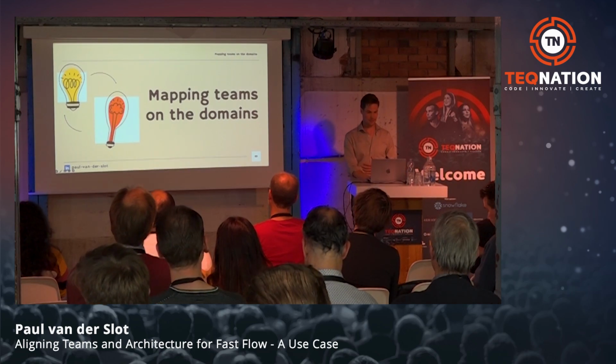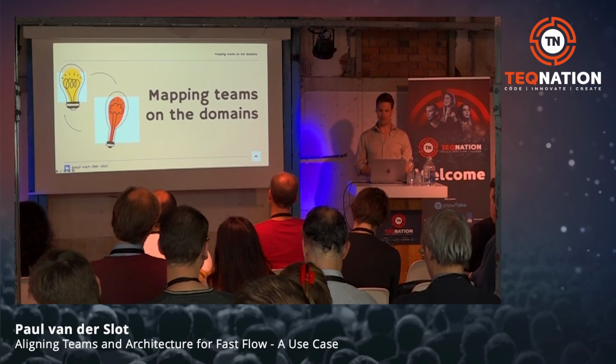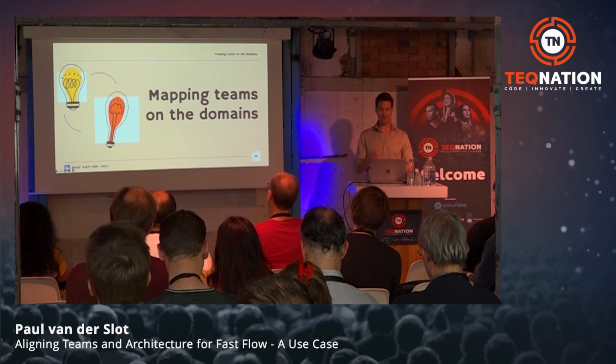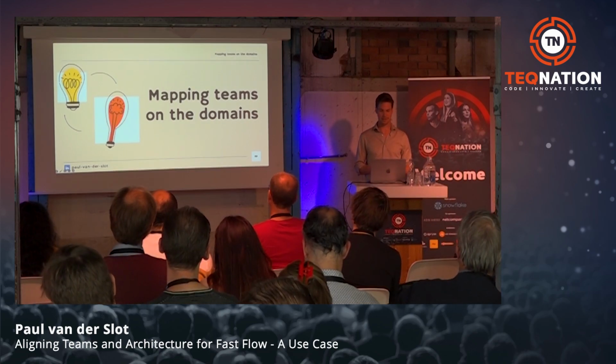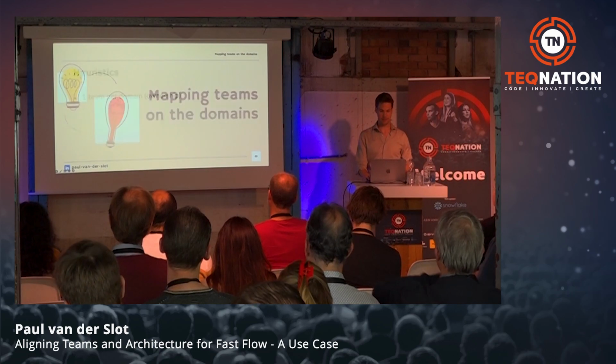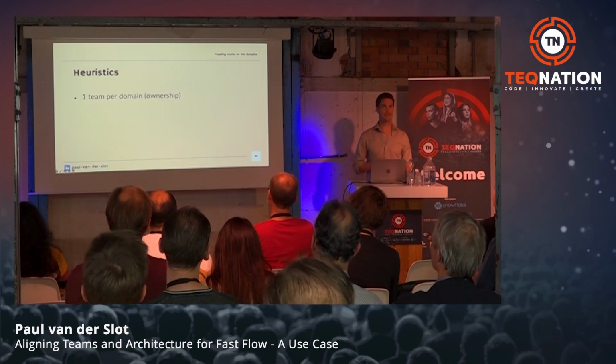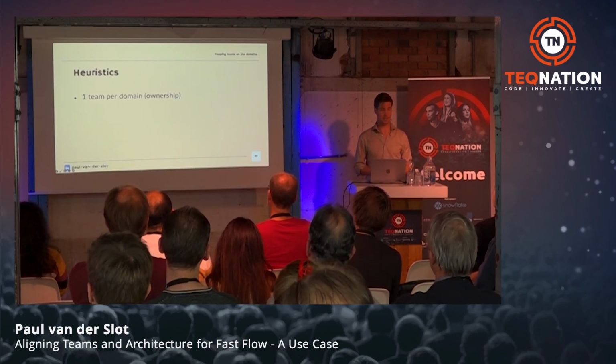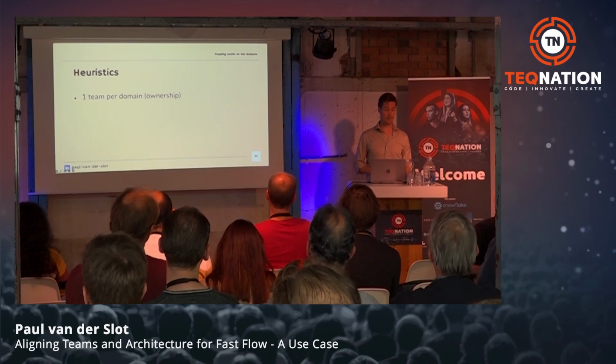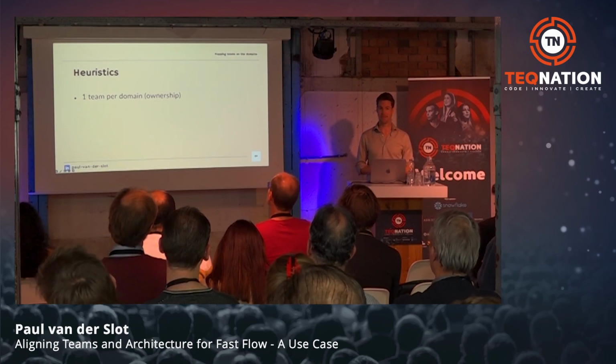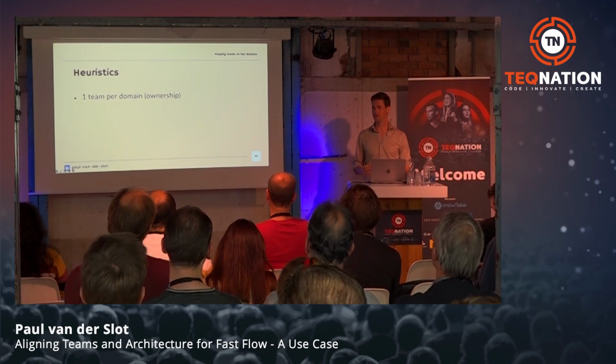All right. Then mapping the teams onto the domains. So we've talked about business strategy and forming the domains, and now we have to map the teams onto them. And there are some heuristics in mapping the teams onto domains. One of them is one team per domain, so you have ownership. So you don't want a domain owned by two teams.